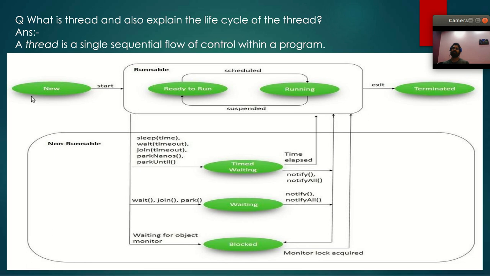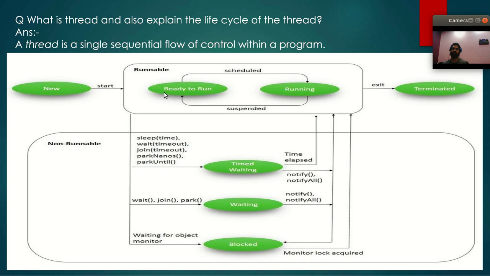When a new thread is created, let's say I have created a new thread with Thread t equals new Thread, then it will be in the new stage. And when I call the start method, thread.start, then it will go to a runnable state, meaning a ready to run state.